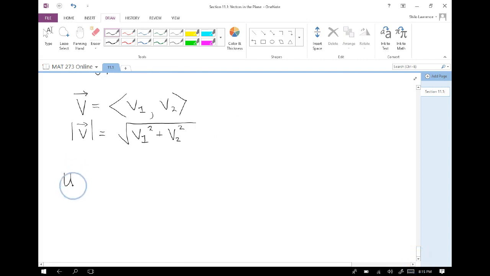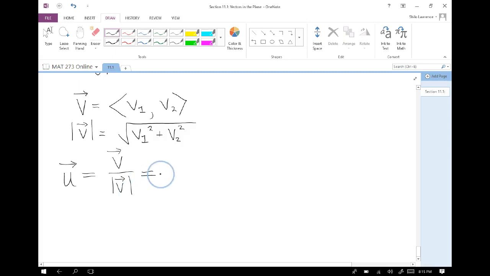The way that we create a unit vector, and almost always you will see a unit vector named exclusively u, is this: we can make a unit vector out of vector v if we divide the components of vector v by the magnitude of vector v.